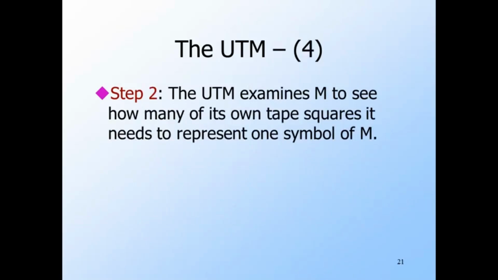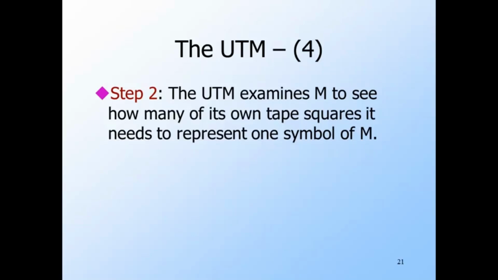Assuming the code for M is valid, the universal Turing machine next examines the code for M to determine how many squares of its own tape it needs to represent one symbol of M's tape. That is, we discover the longest block of zeros representing a tape symbol, and add 1 to that for a marker between symbols of M's tape.